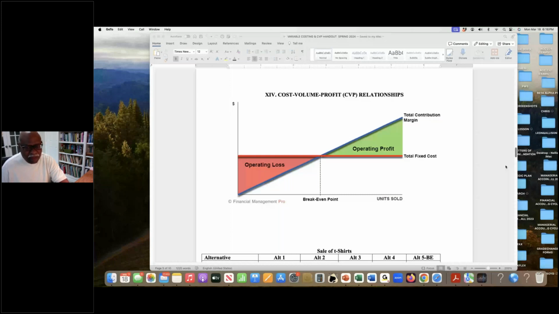If we don't sell enough quantity, we can only make a profit when we sell more than this break even quantity. So break even is a major concept as we move into the planning portion of the course in our project. How do we come up with the quantity of break even? And that's something that you will have to calculate.